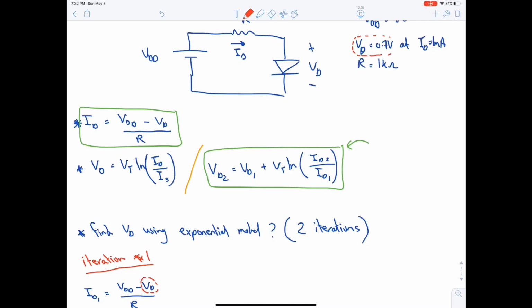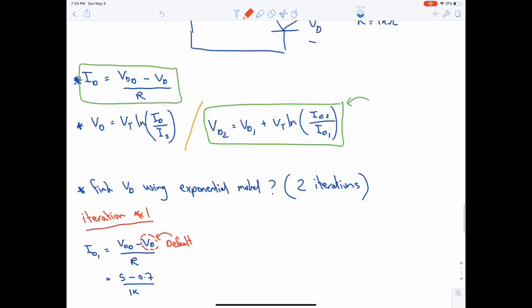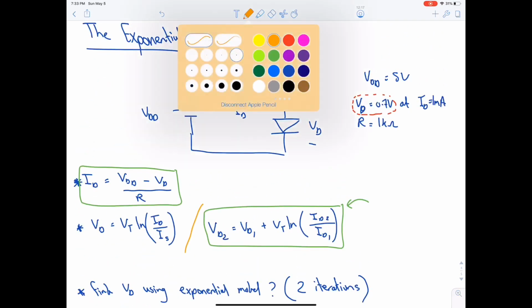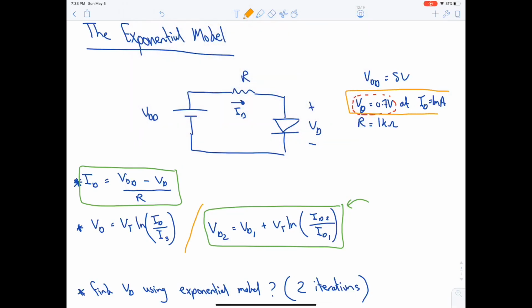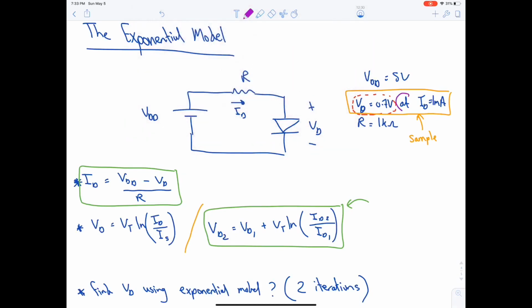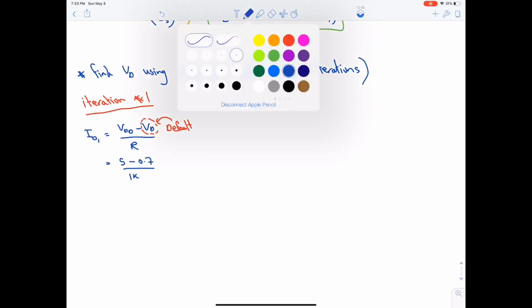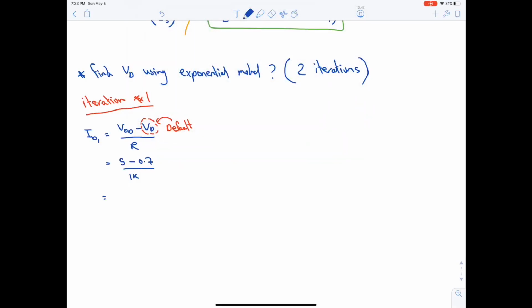This VD is the default VD, the voltage drop across the diode, whereas this VD is the sample VD for calculating IS. How can you differentiate between the sample and the regular VD? Through the keyword "at". If you see voltage at current, then this is a sample for calculating IS. Now, ID is equal to 4.3 milli.